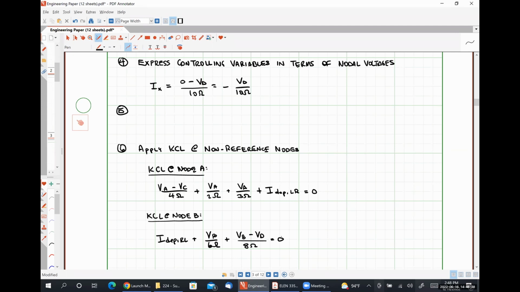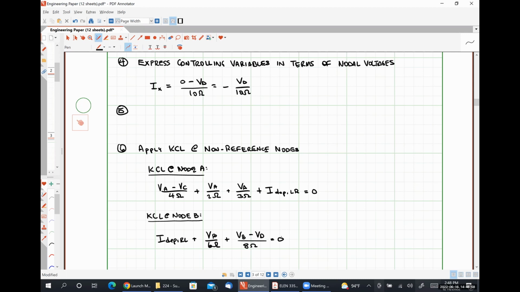We can do this because the KCL equation at node A is equal to 0, and the KCL equation at node B is equal to 0, and 0 plus 0 has to be equal to 0. We're going to treat this phenomenon effectively as what I'm going to call a supernode.